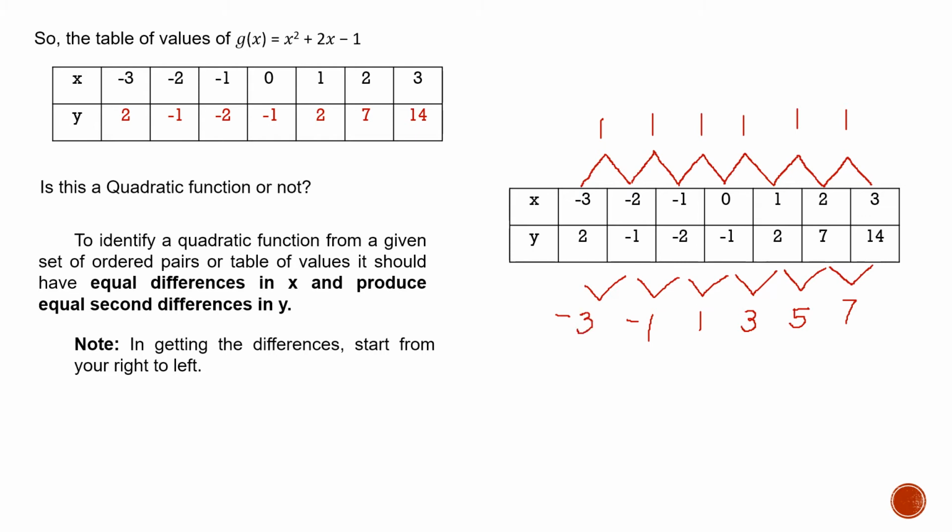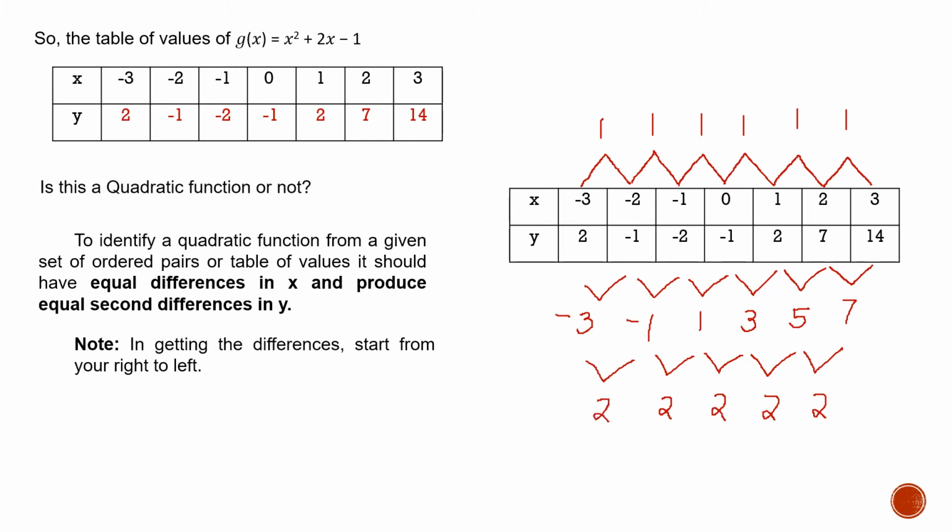Let's determine the second differences in y. 7 minus 5 is 2. 5 minus 3, 2. 3 minus 1, 2. 1 minus negative 1 is also 2. Negative 1 minus negative 3, that is also equal to 2.